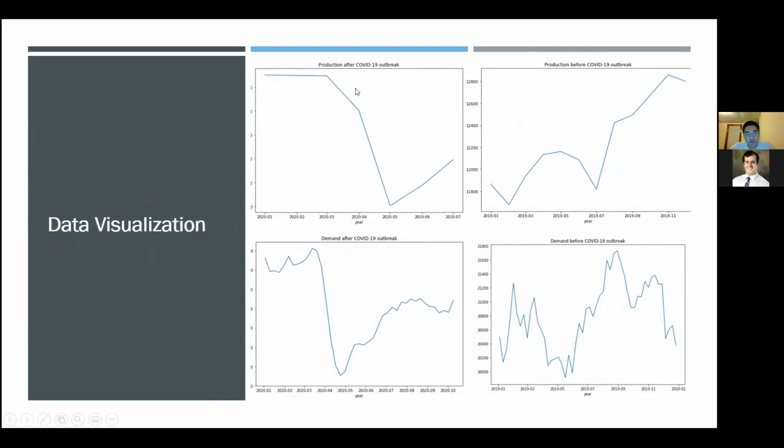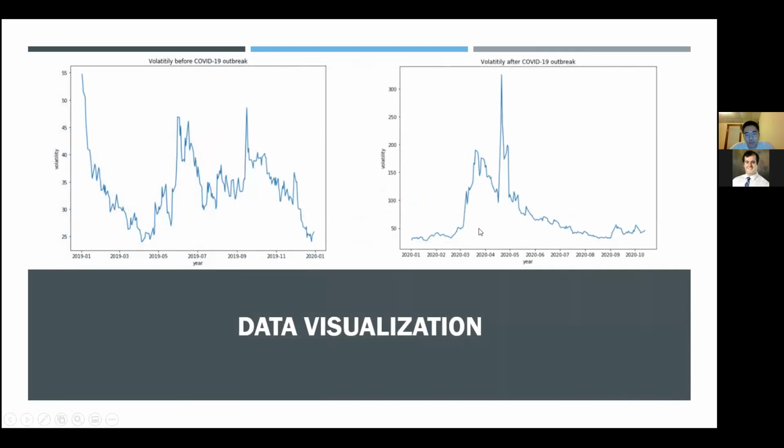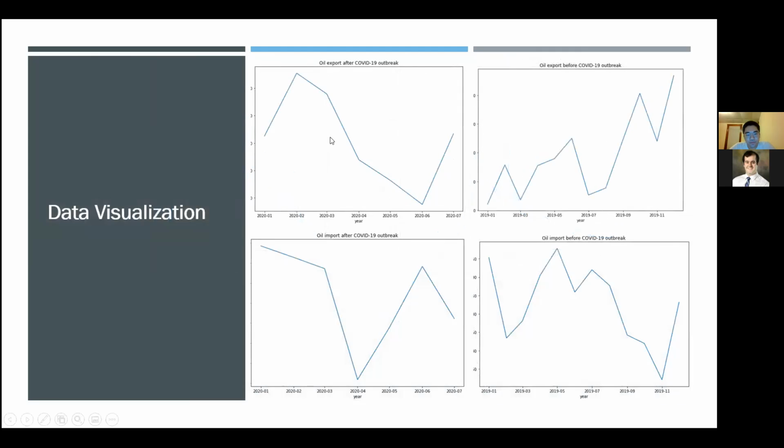And here are production and demand. Their tendencies are similar too, both after and before. And this is volatility of WTI price. And here are oil export and oil import.